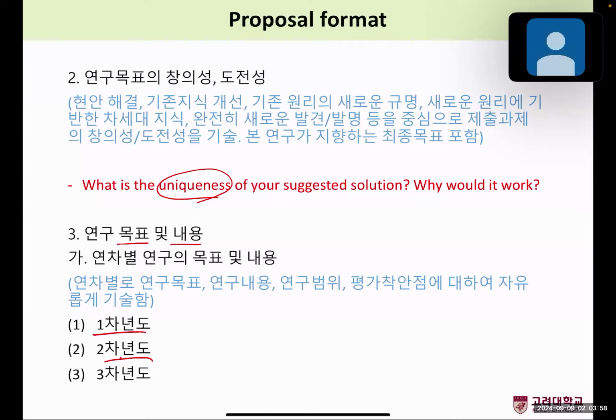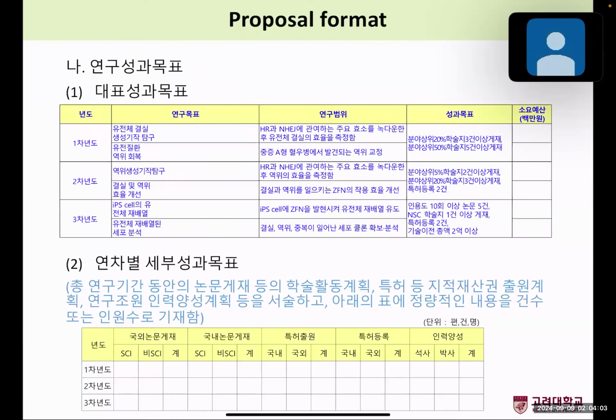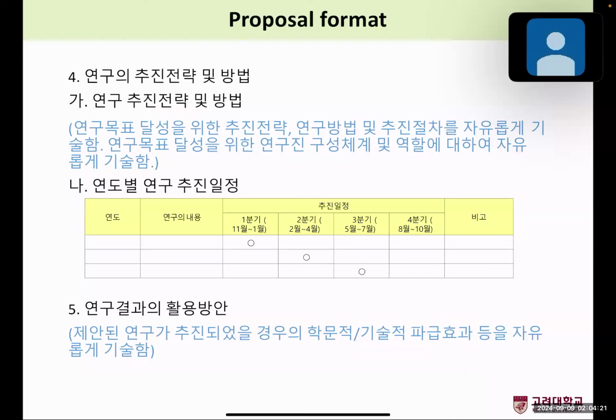So first year, second year, third year, you describe the research in detail in the main part, and then you write down some of the objectives in the first year, second year, third year, and then you can also suggest how many papers, how many patents that you're going to publish by the support, and then the yearly and quarterly plans of the research, and then lastly, how these research outcomes will be applied in the field.